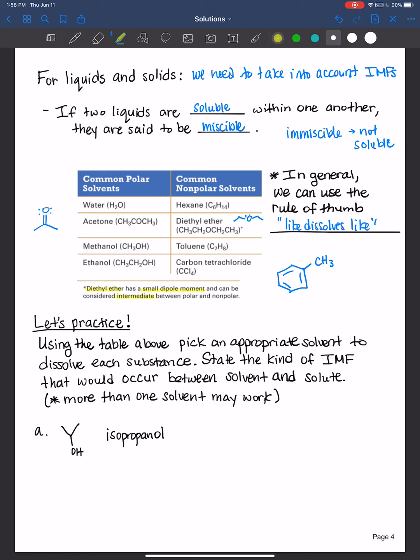Typically there's more than one answer, right, in terms of which solvent. And so you have to think about other reasons why you choose the solvent you do. Maybe it's because it evaporates easier. So for example, I used methylene chloride quite often in research because it has a low boiling point and I could evaporate it off my reaction at the end. Maybe it's because it's a cheaper solvent.